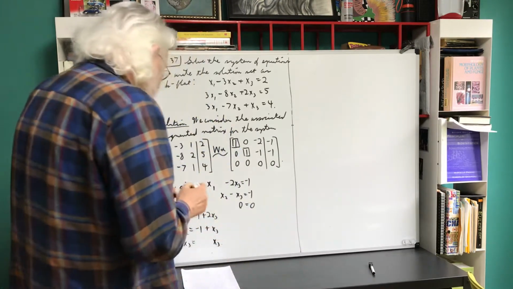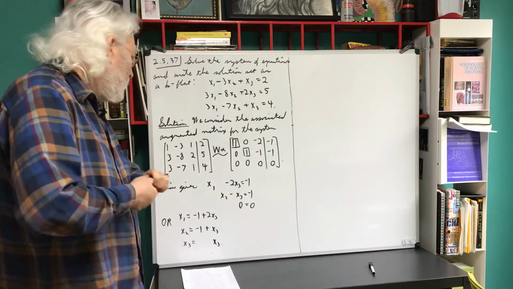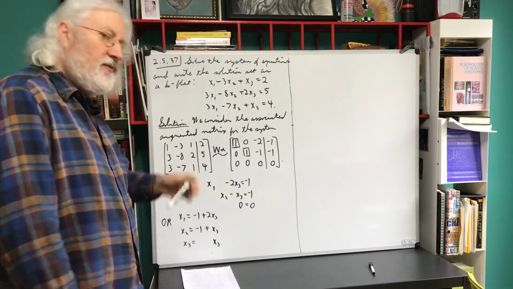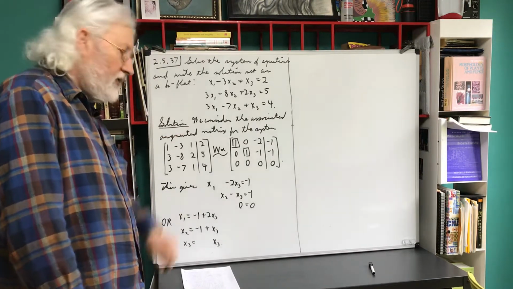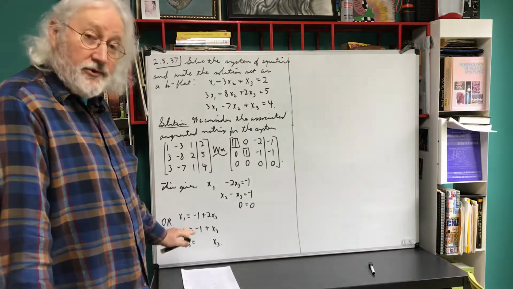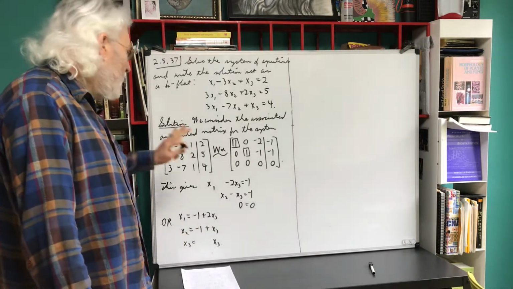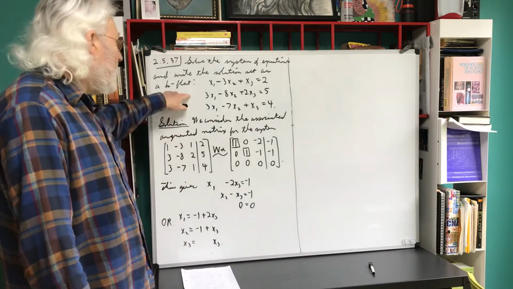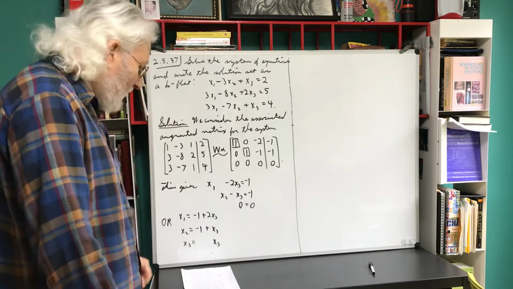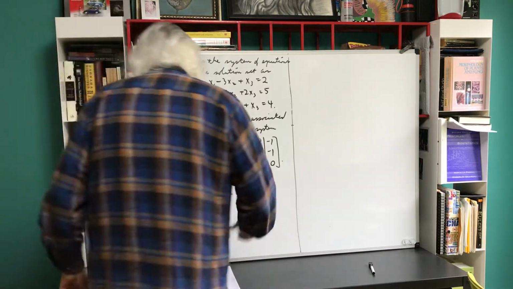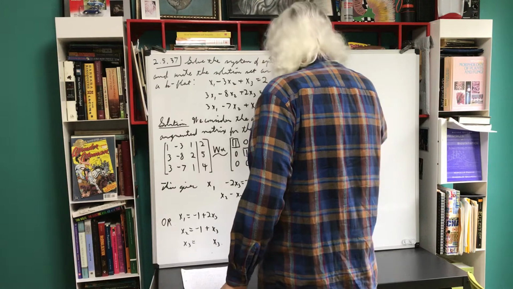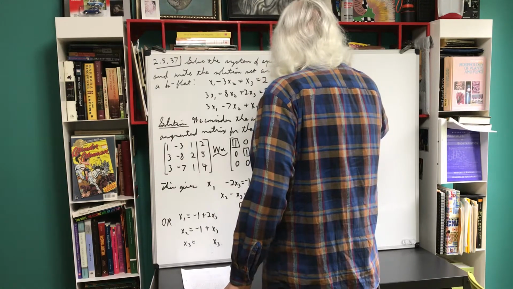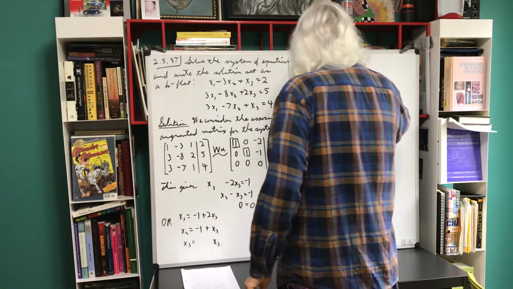Now, let's introduce a free variable. So we'll let, say, r be the free variable, and then we can express x1, x2, x3 in terms of the free variable. We'll have the general solution to the system of equations. Then we'll check with the definition of k-flat and see what format we need to put the solution in. So let r equal x3 be a free variable.